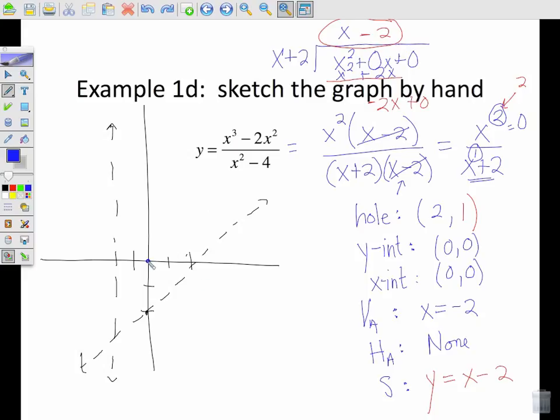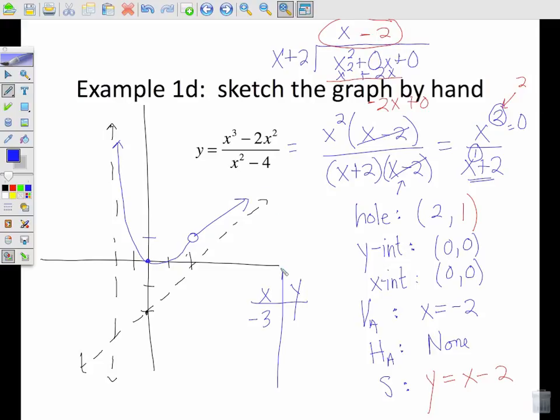I've got the origin here. The origin is a point on my graph, and (2, 1) is a hole. Well, I can pretty much tell here in that first region that my graph comes down, crosses through the origin, and goes right back up through the hole.